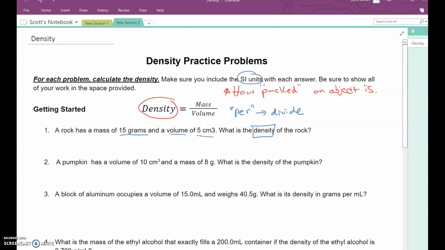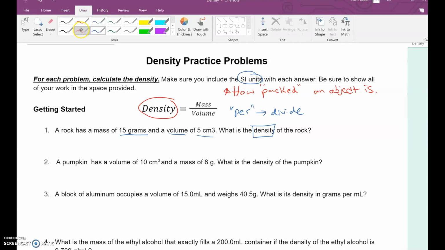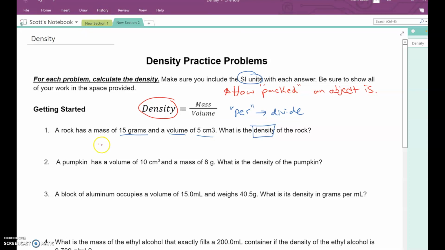All we're going to do is plug in what we know into our formula. If density equals mass over volume, mass per unit volume, I am solving for density, so I'm going to have D equals my mass, which is 15 grams, over my volume, which is 5 centimeters cubed.